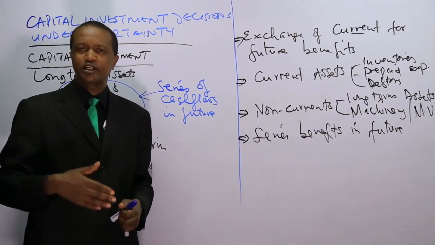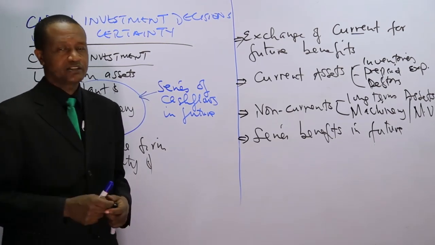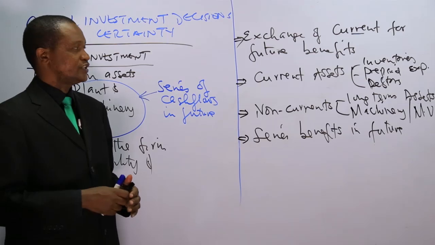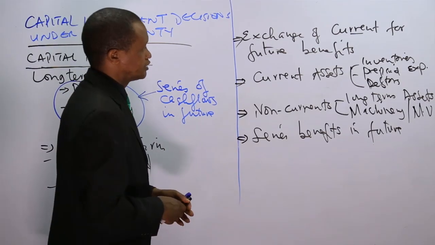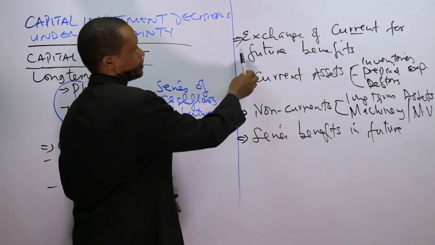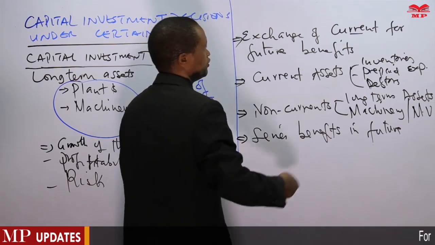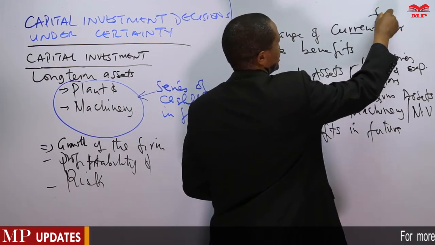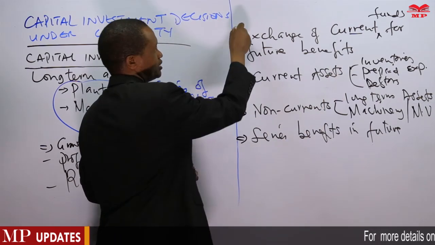We also say that capital budgeting is simply the investment in long-term assets. We have also mentioned the features of capital budgeting decisions. We say that it involves the exchange of current funds for future benefits, number one.